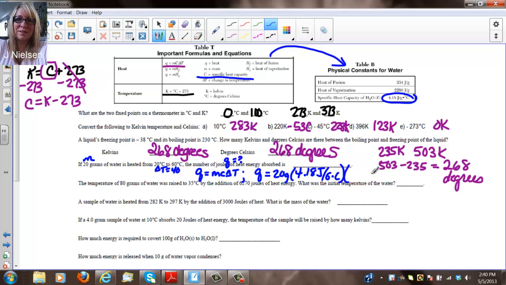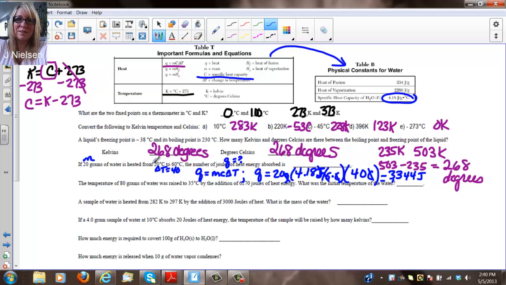And our change in T is 40 Celsius. Notice Celsius cancels, grams cancel. I'm left with joules, which makes sense because I'm finding Q. I multiply the three together, and I get 3,344 joules.